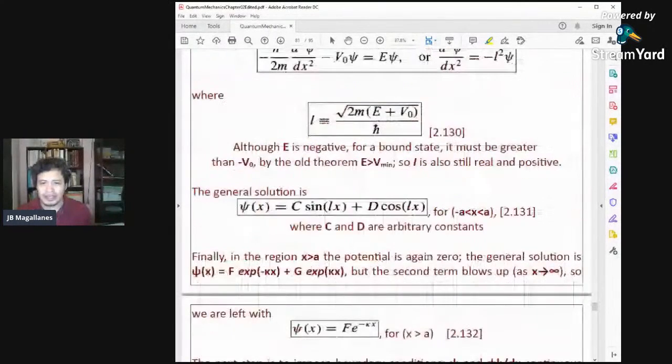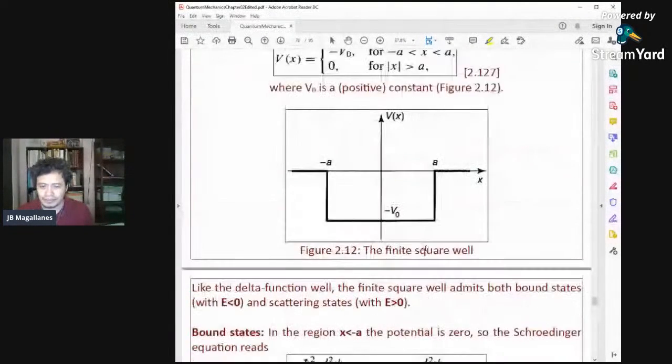Looking back here, we're just going to specify the potential from here to here, and then if we just change the sign of x, we can also get the solution for here.